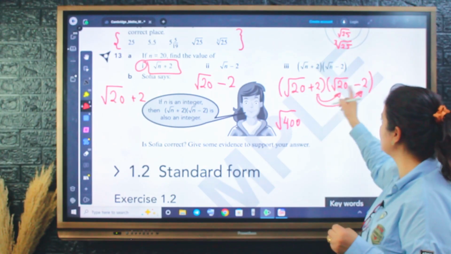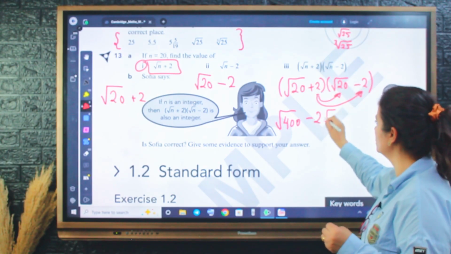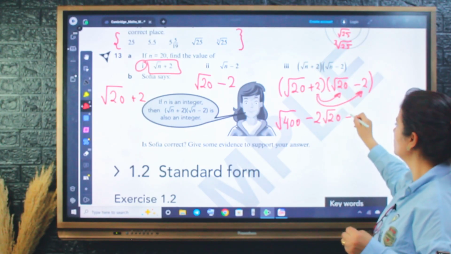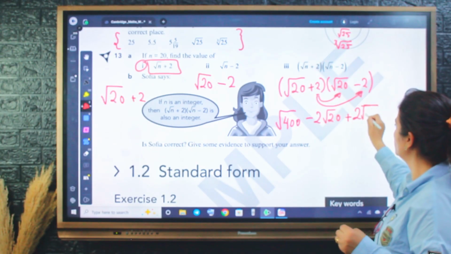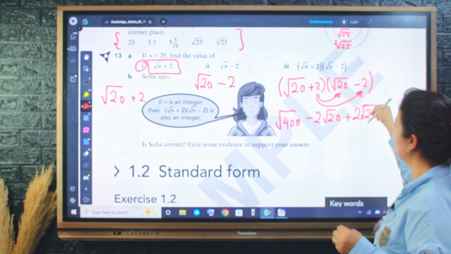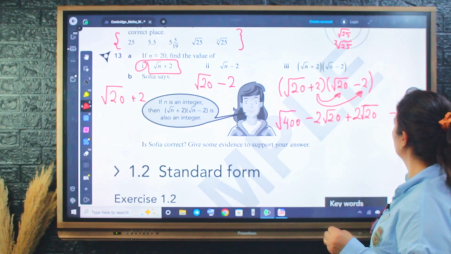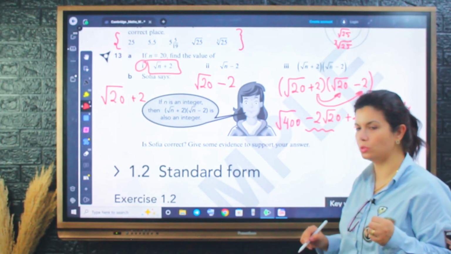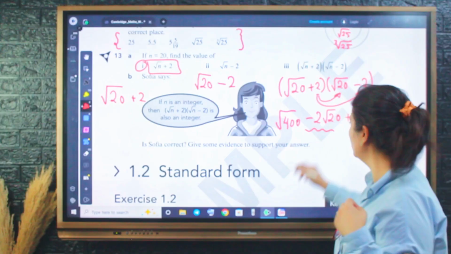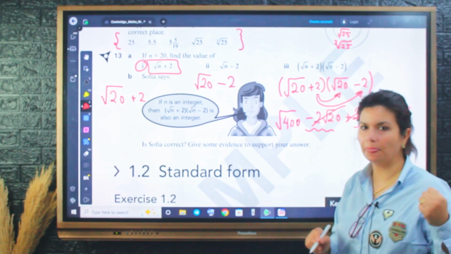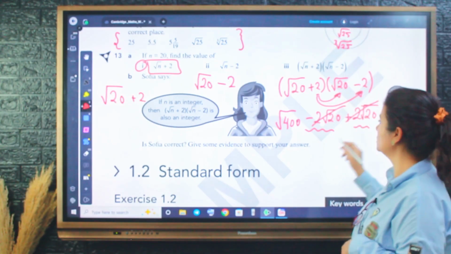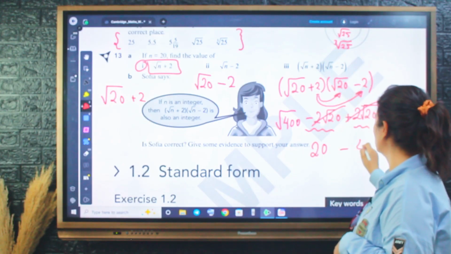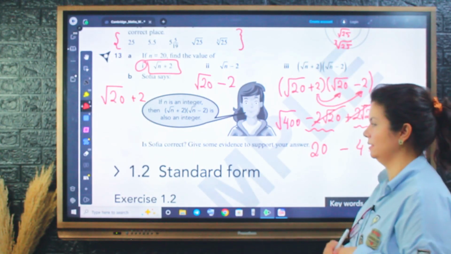Root 20 times negative 2 is negative 2 root 20. 2 times root 20 this time equals plus 2 root 20. 2 times negative 2 is negative 4. Look here, negative 2 root 20 and positive 2 root 20, we can cancel them together. So the answer is root 400 minus 4, which is 20 minus 4, which is 16.